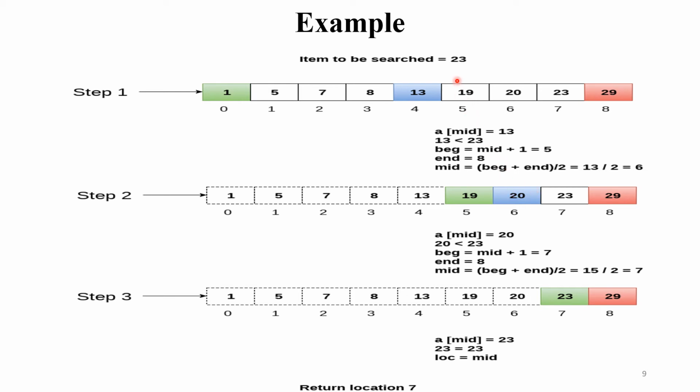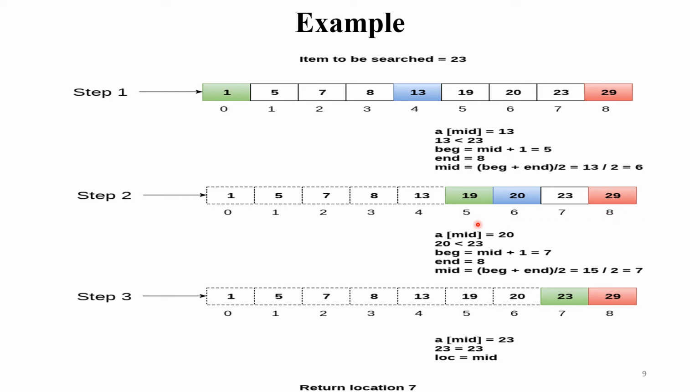Is 20 equal to 23? No. Is 20 greater than 23? No. 20 is less than 23. Then we check our key on the right side. If 23 were less than 20, then we would check the left side. But here our key is greater than our middle element, that's why we search on the right side.